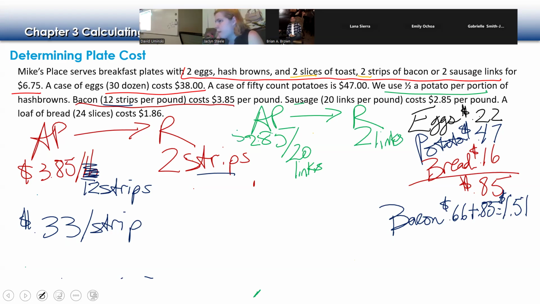So what is $2.85 divided by 20? It's 0.15, 15 cents. My bad.